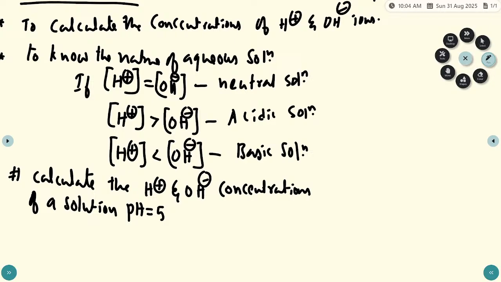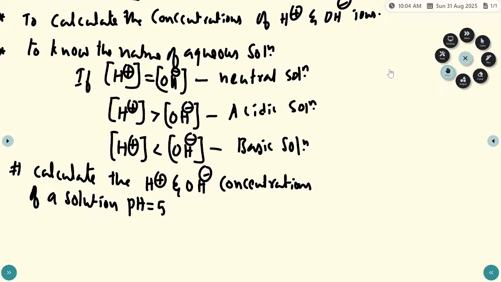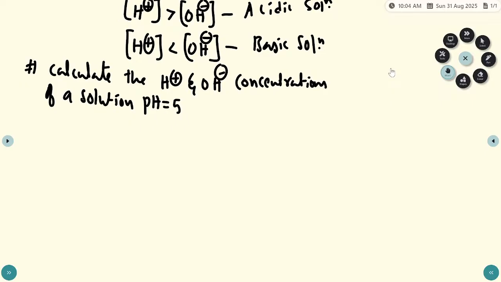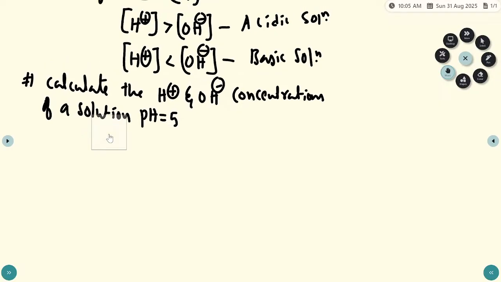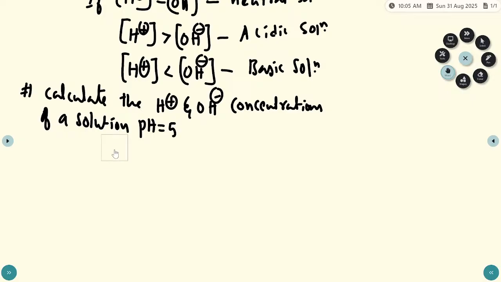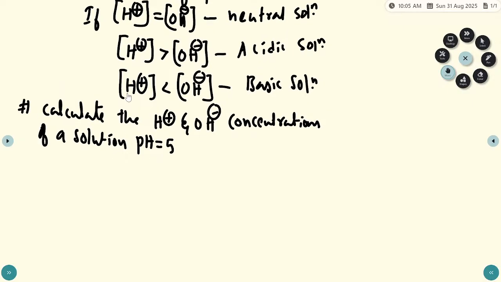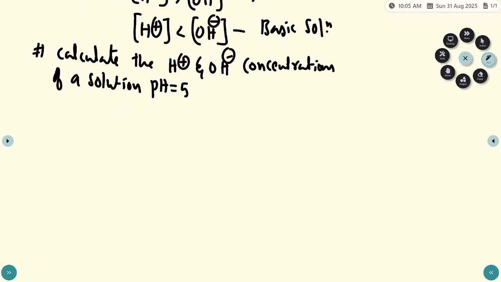We already know H plus ion, you can calculate it directly. What is the concentration of H plus ion? 5, right, very good. So concentration of H plus ion is equal to 10 to the power of minus 5. pH 5.